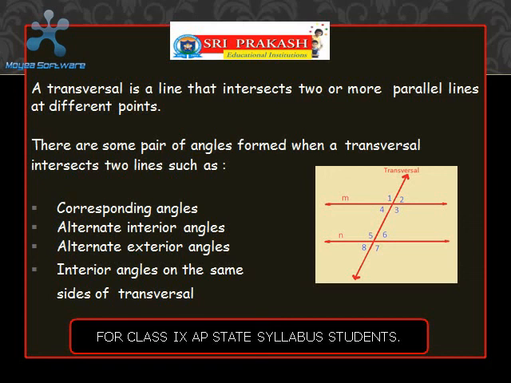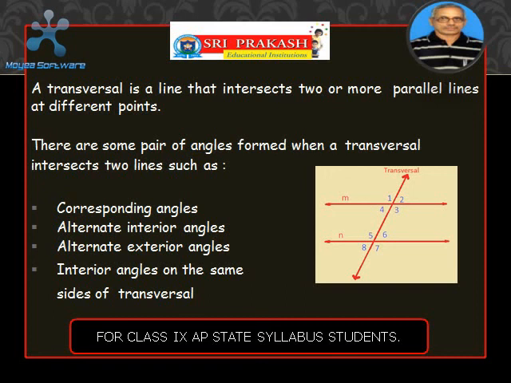These angles are called corresponding angles. Angle 1 and angle 5 are called corresponding angles. Angle 3 and angle 7, angle 2 and angle 6, angle 4 and angle 8 are called corresponding angles.